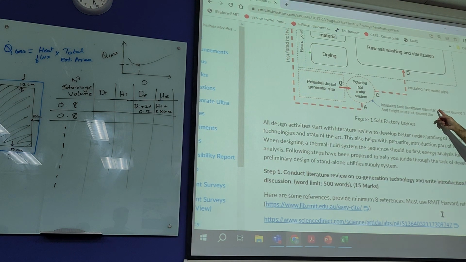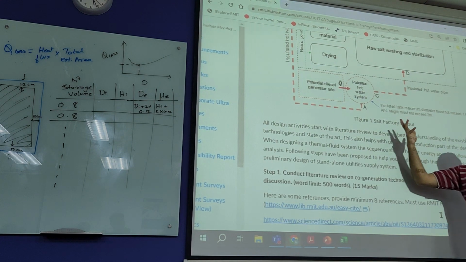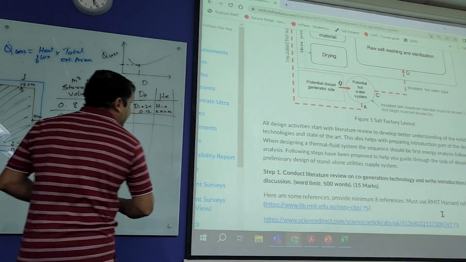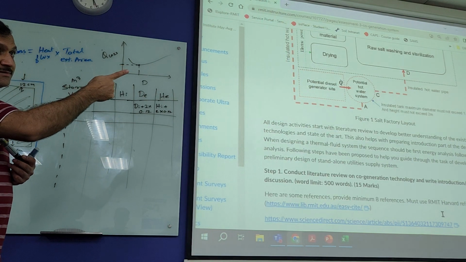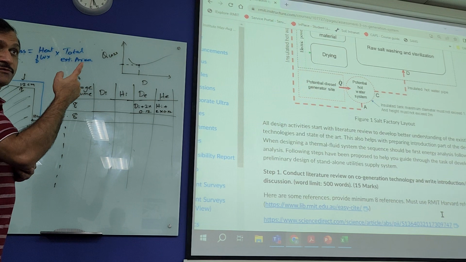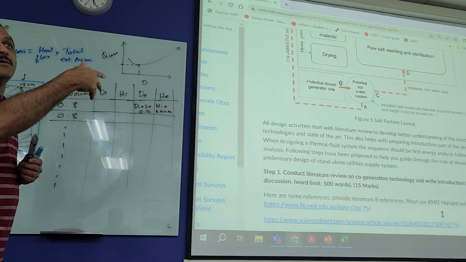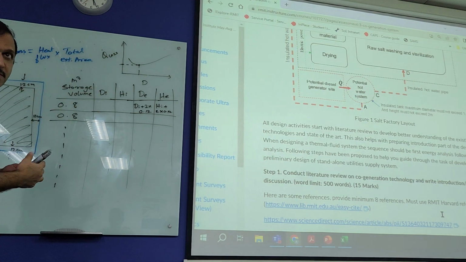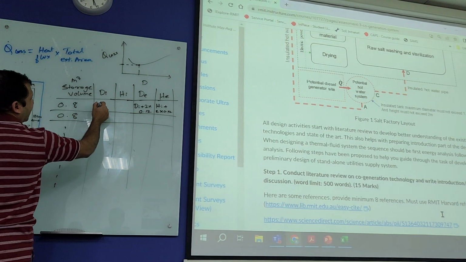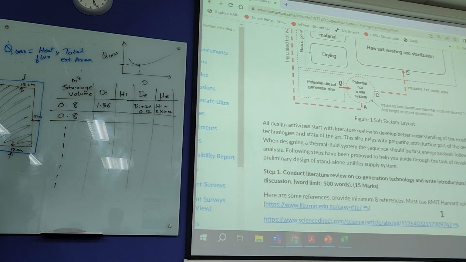Insulated tank maximum diameter must not exceed 1.6 meters. So we start with 1.6. But that is our external, not internal, insulated tank. So if external is 1.6, internal will be 1.6 minus 0.24. Okay. So let's start with 1.36. Okay.